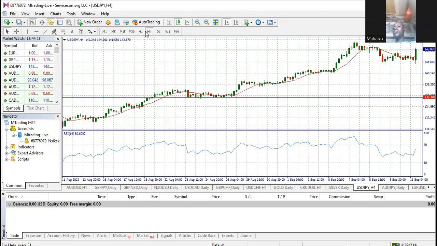Then your stop loss should not be too tight. So even if you had taken a buy after this bullish candle, this was midnight. If you are taking a buy after this bullish candle and the market closed this little, your stop loss should be below the previous low.